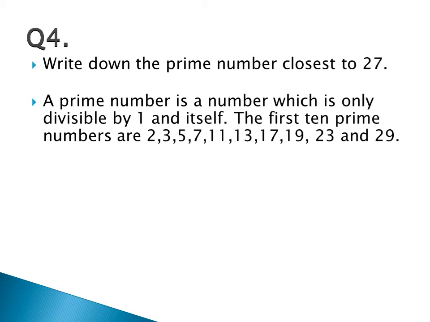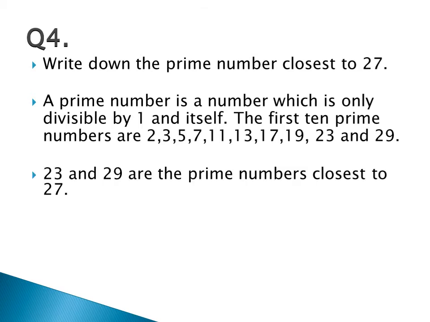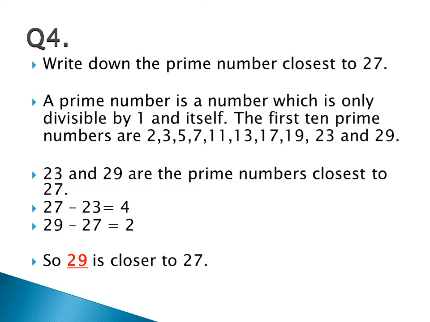So you need to find the prime number closest to 27. Two numbers which are closest to 27 are 23 and 29. So let's see which one is closest now. The difference between 27 and 23 is 4, whereas 29 minus 27 gives you a difference of 2. That means the number which is closer to 27 is 29.